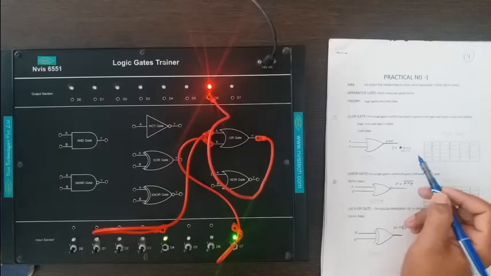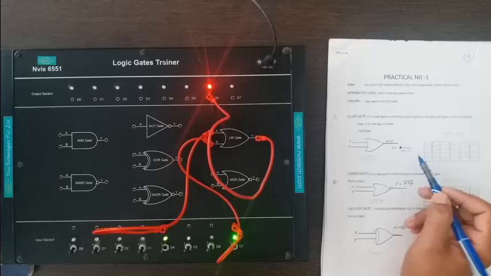At 0 1 or 1 0, your output should be 0. And at 1 1, when both inputs are high, your output should be high.